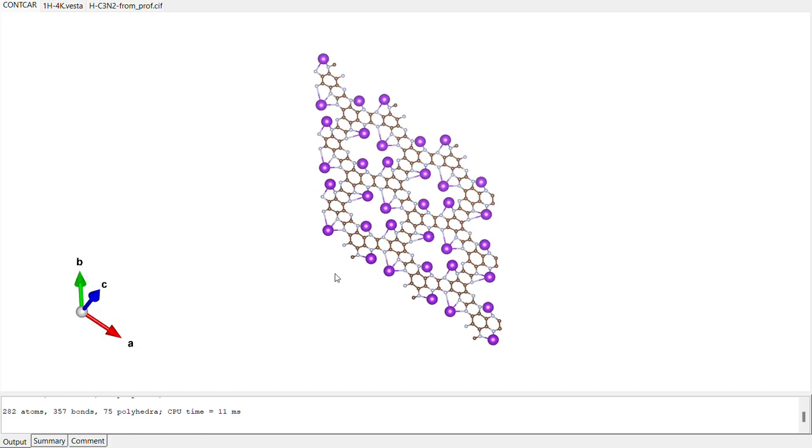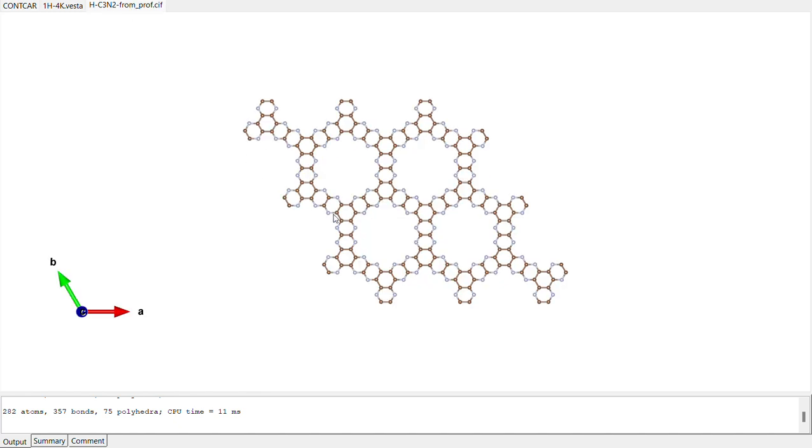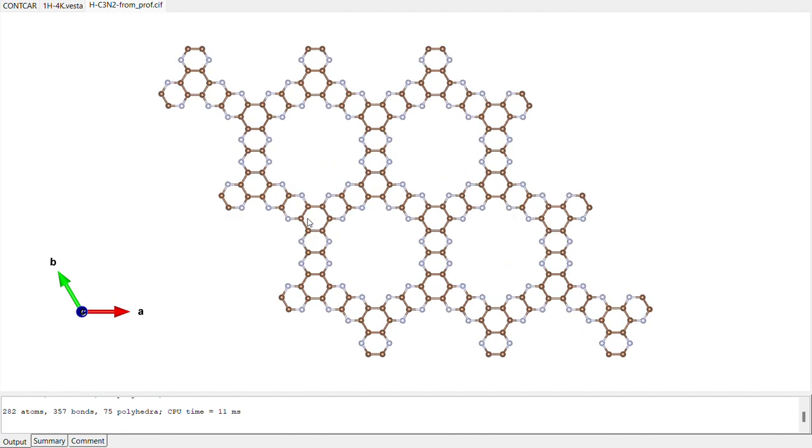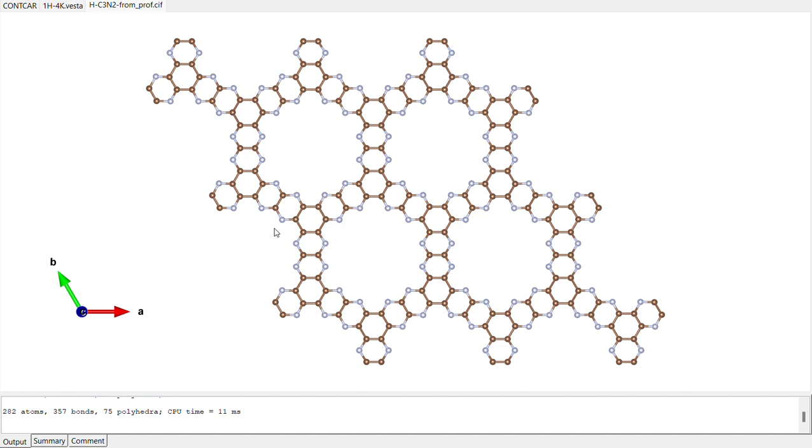When it comes to the carbon nitride and the hydrogen, of course hydrogen is not shown here. The brown one is the carbon, and this gray one is the nitrogen.